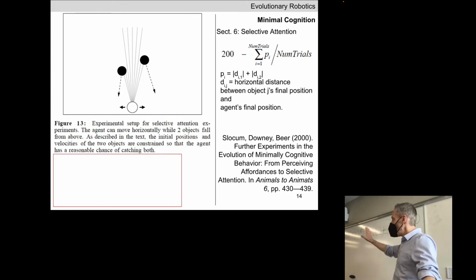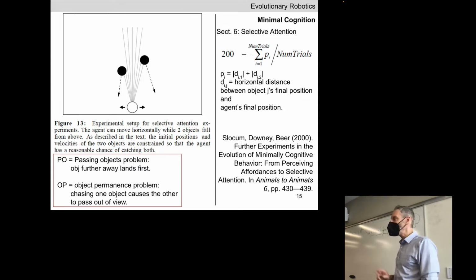Okay, so when we talk about this problem, we're going to talk about two subproblems that are embedded in this problem. The first one is the passing objects problem. In this cartoon example here, at this moment in time, the object on the robot's left is closer to it, but you'll notice that it's moving more slowly. The dashed vector is shorter than the other dashed vector.